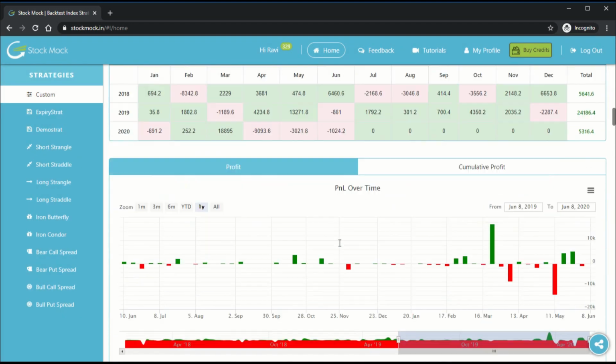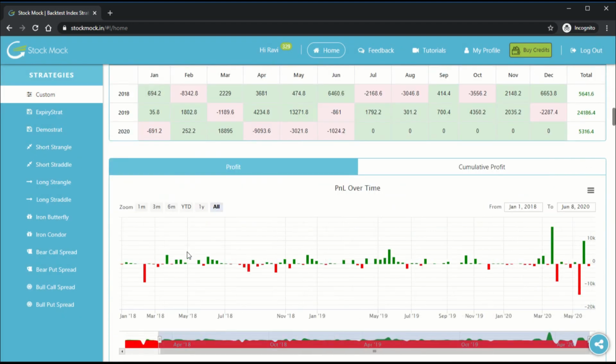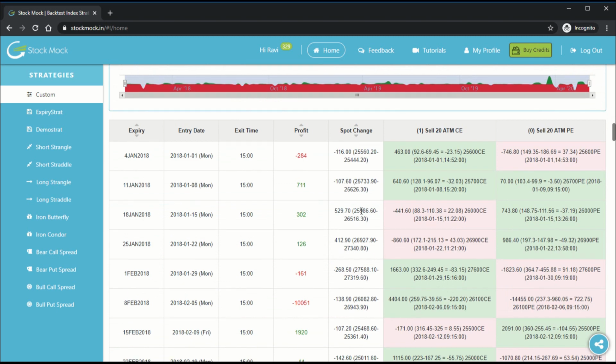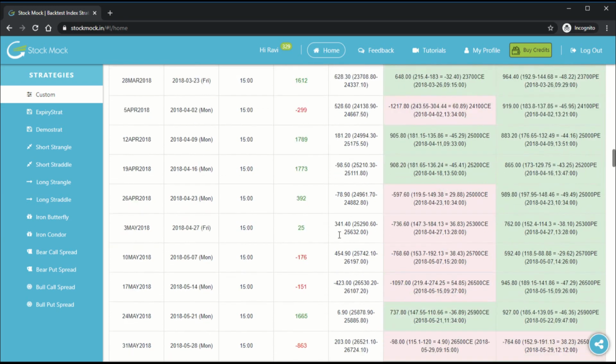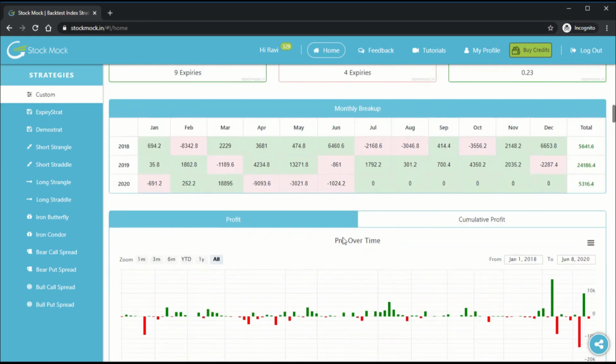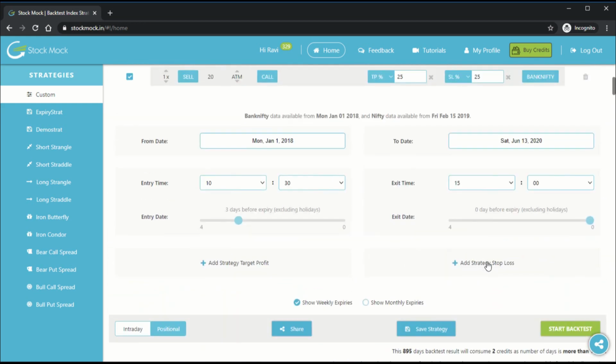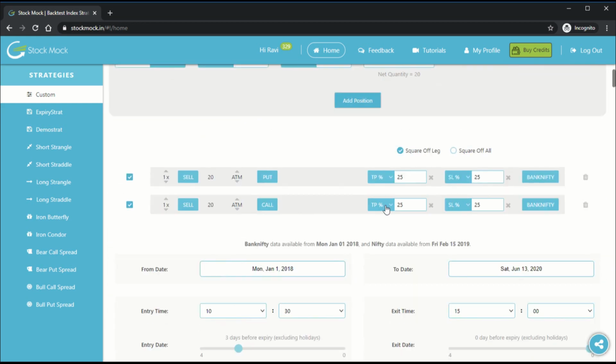You can see that whenever a particular leg reaches stop loss, that particular leg is exited, and whenever a particular leg reaches a target level, that leg is also exited, which is marked by green color background in the result table. Whatever options are available for stop loss, all the options are available for targets as well.